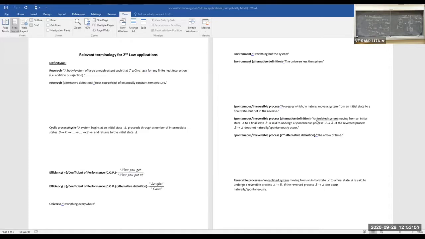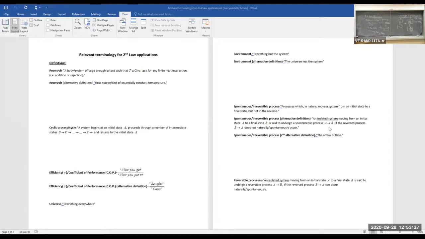Another version of this, let's read the second definition. An isolated system moving from an initial state A to a final state B is said to undergo a spontaneous process A to B if the reverse process B to A does not naturally occur. Okay, so these are word definitions of the pictures that we just drew a moment ago for a spontaneous process.